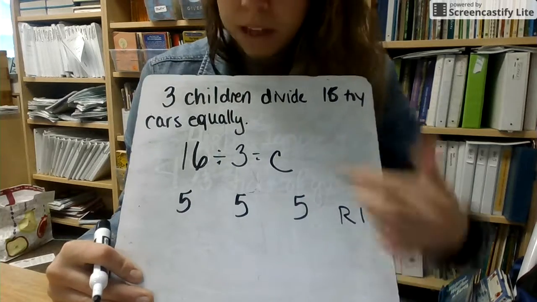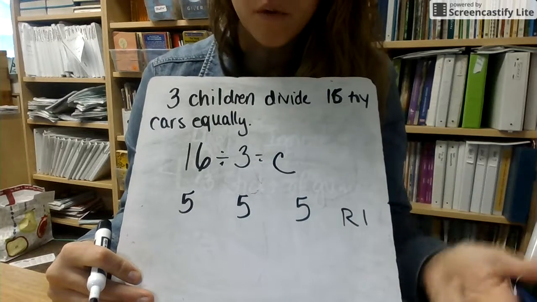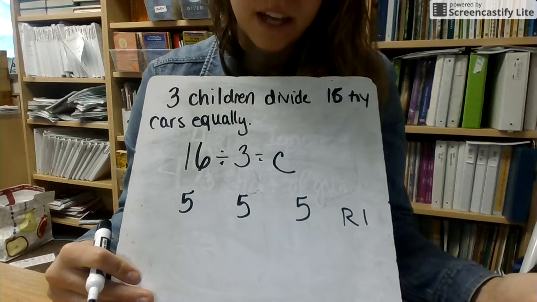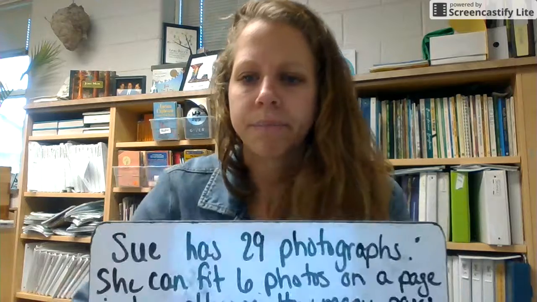Okay, so the actual math would be 5 remainder 1, but you have to look at the question being asked. And here the question is, how many cars does each kid get? The answer would be 5. So yes, today you're going to have to concentrate on reading. Try another one.